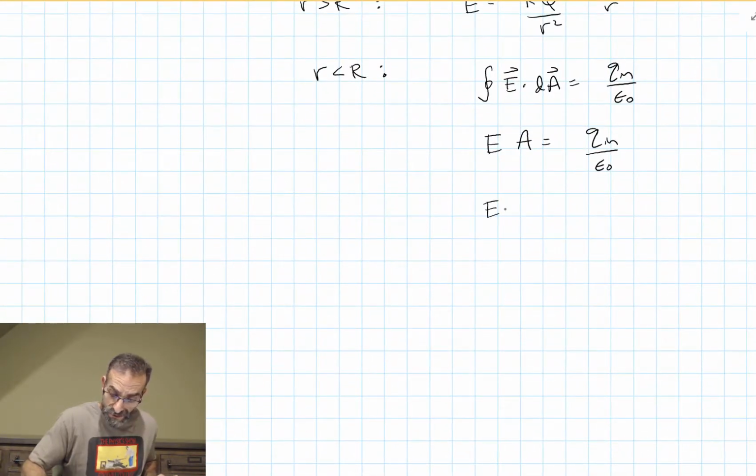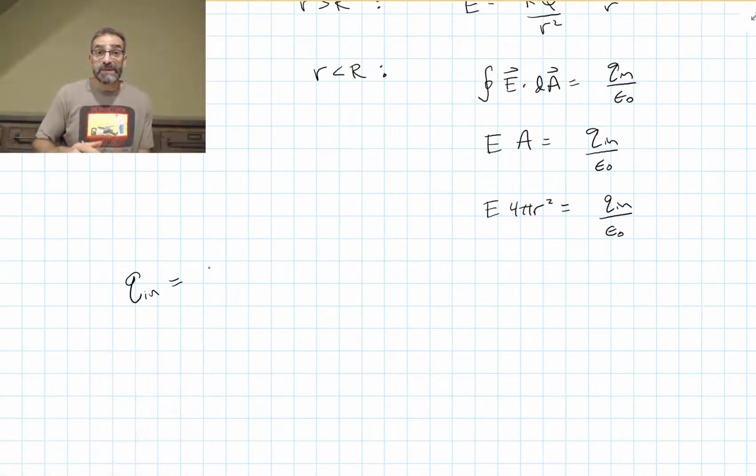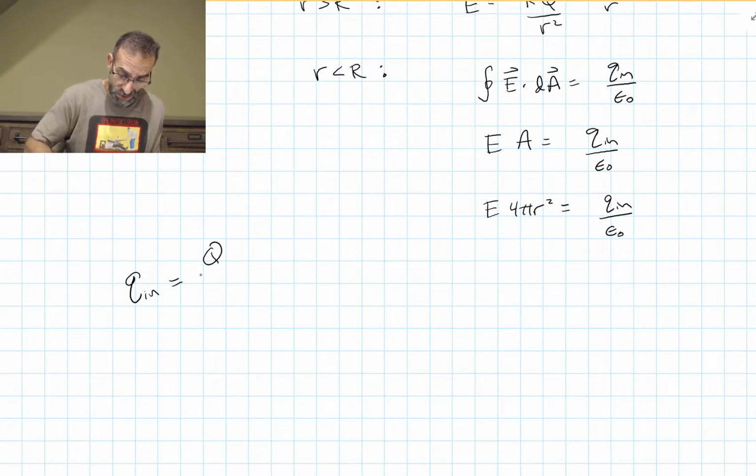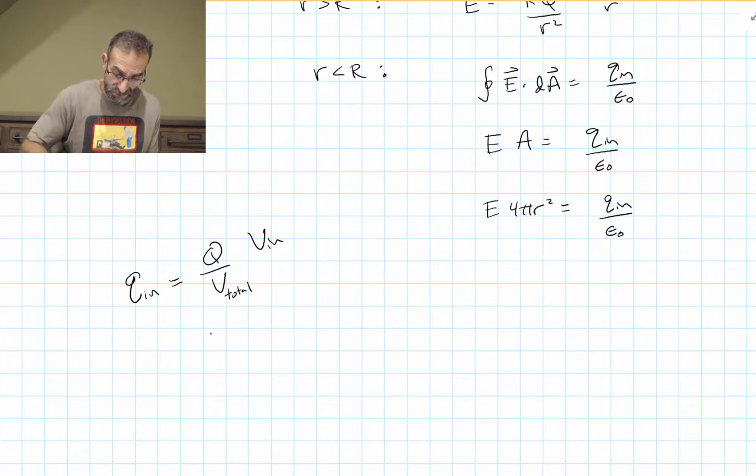The area of a sphere, 4 pi r squared, and we just have to figure out what q is inside of our Gaussian surface. We can use the charge density, the total charge over the total volume, multiplied by the volume inside of our Gaussian sphere to get the charge inside of our Gaussian sphere.